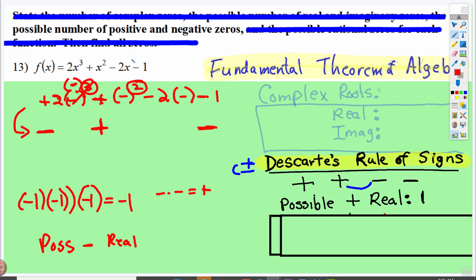Now we have an x to the first, an odd exponent again. When you put a negative in there, that becomes negative. This negative times this negative, look at that, the sign did the opposite. So each time there's an odd exponent, the sign in front switches. This was x cubed, it switched from positive to negative. This was x to the first, it changed from negative to positive. So let's come down here.